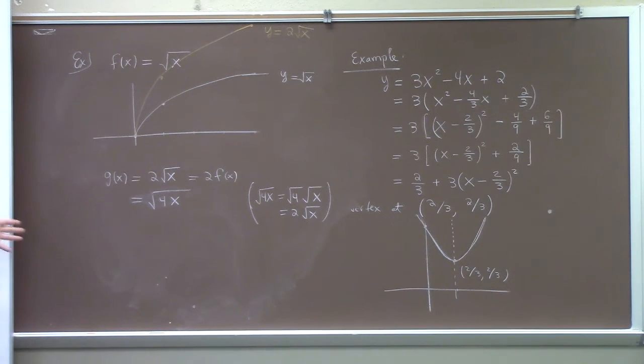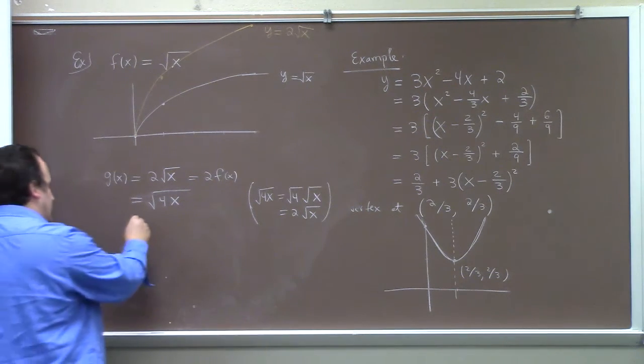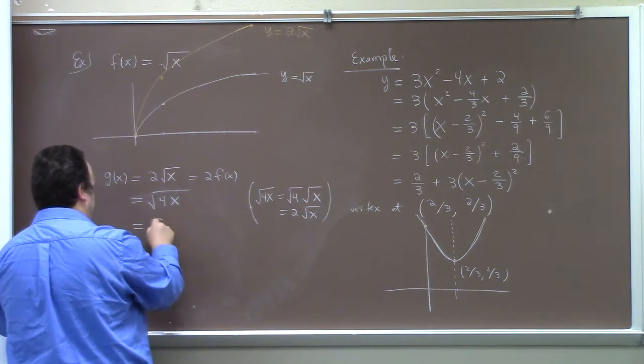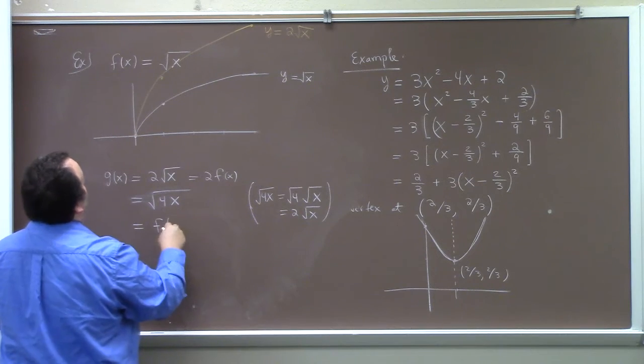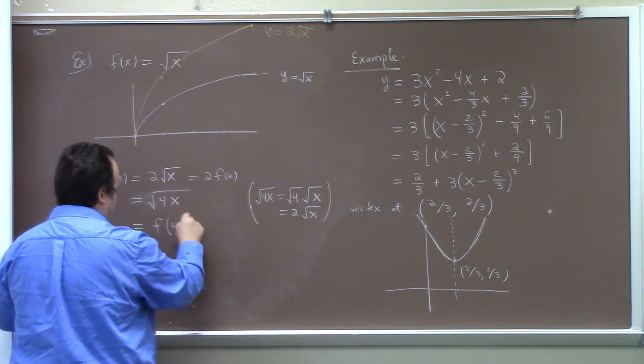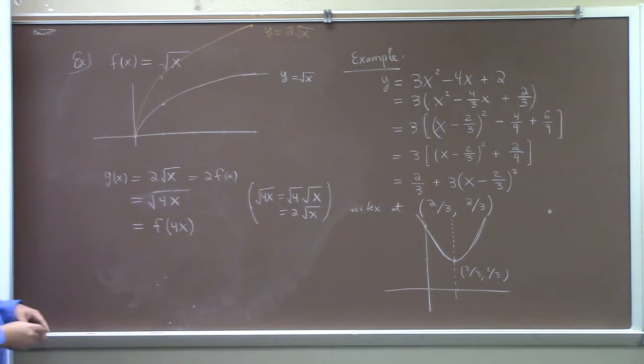But, okay, square root of 4x would be f of what? F of 4x, right? Which, according to our rule, is supposed to be a compression by a scale factor of 4.